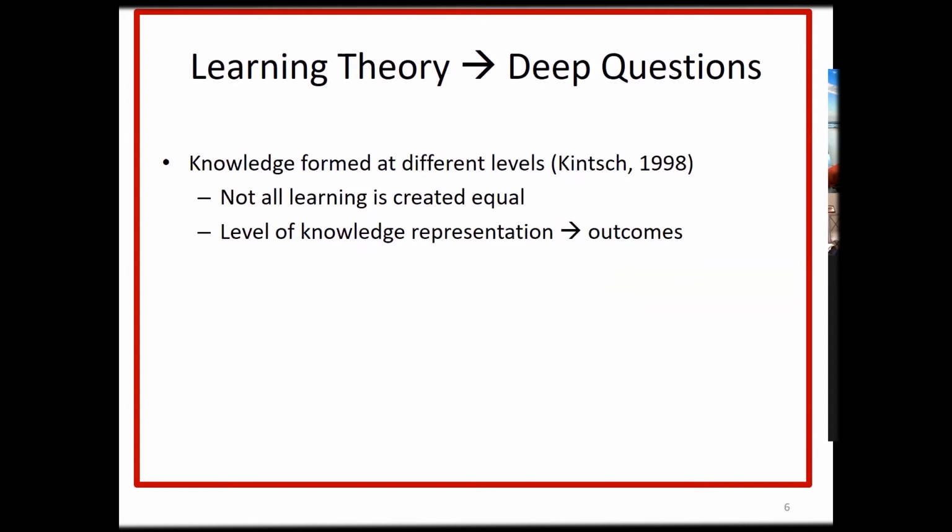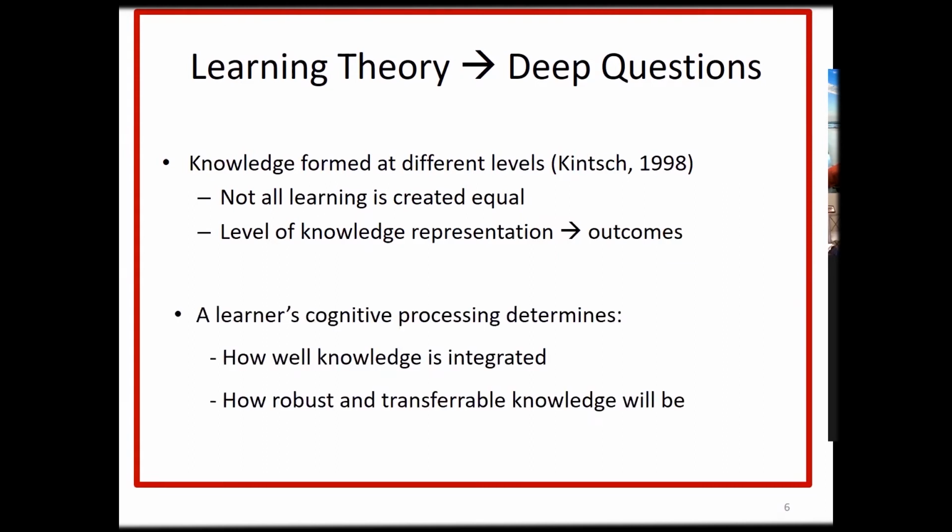Some learning is intended for the shallow level, just to remember things. Other learning is intended to engage deep level thinking. So there are levels of knowledge, the knowledge representation will lead to the outcome, and a learner's cognitive processing determines how well knowledge is integrated.